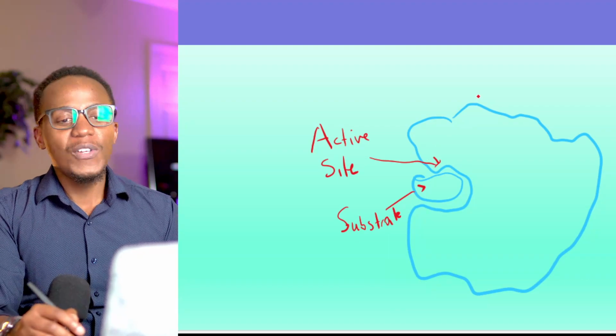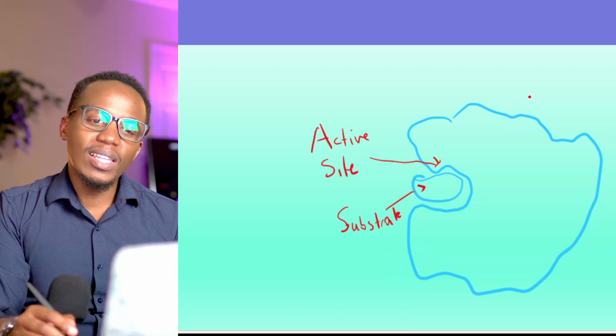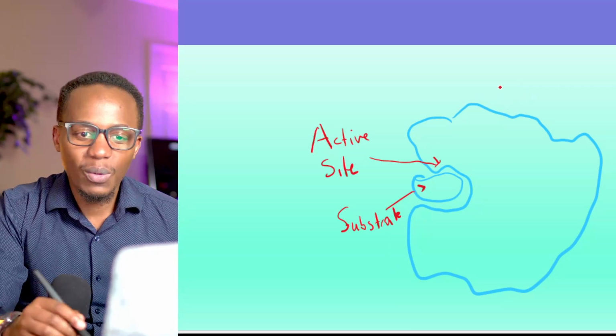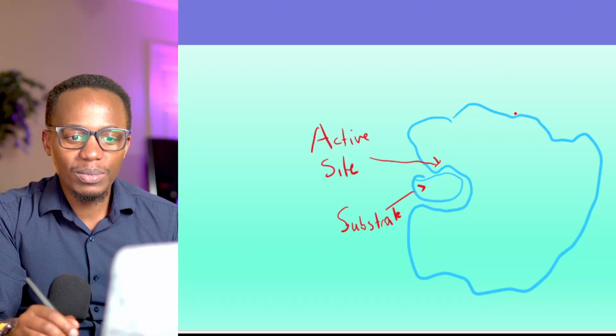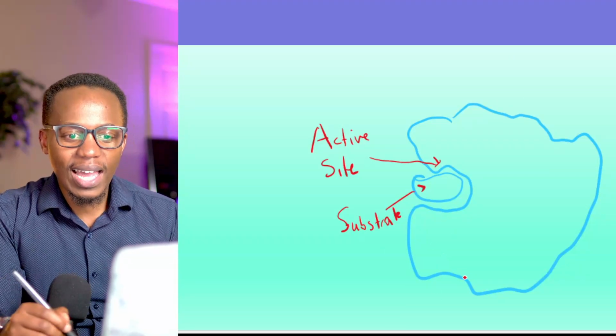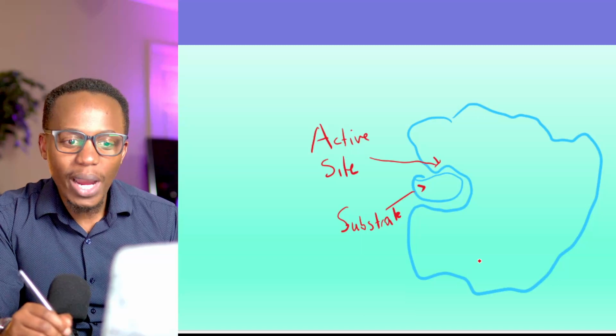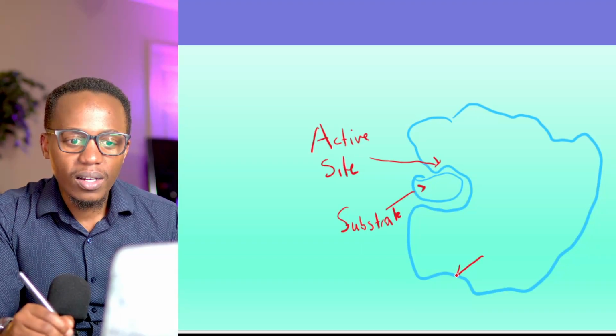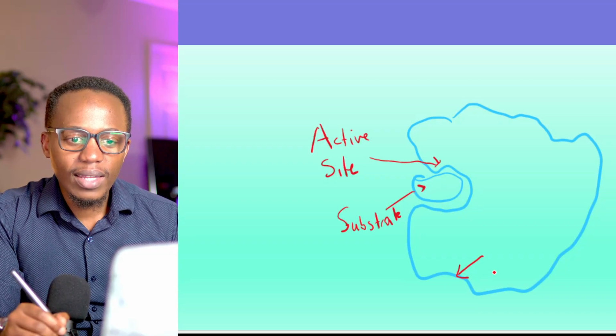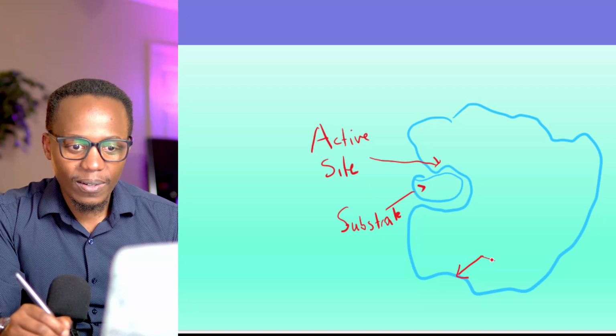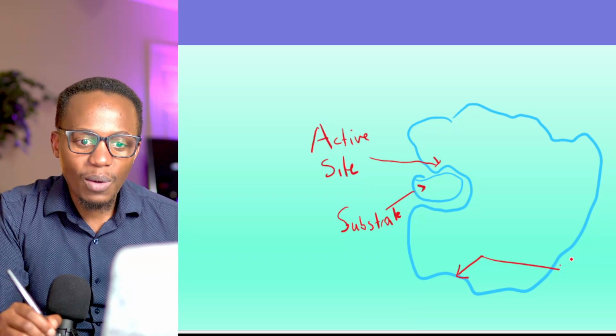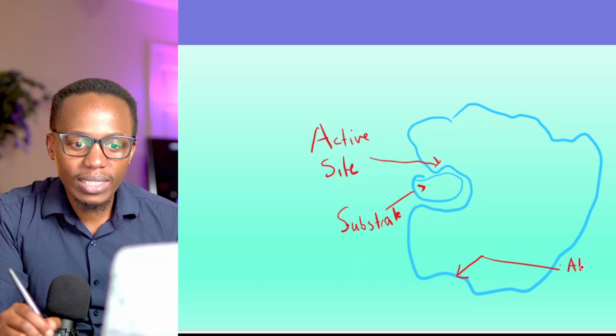All right. So in a lot of enzymes that we call allosteric enzymes, they have a site away from the active site that we call an allosteric site.